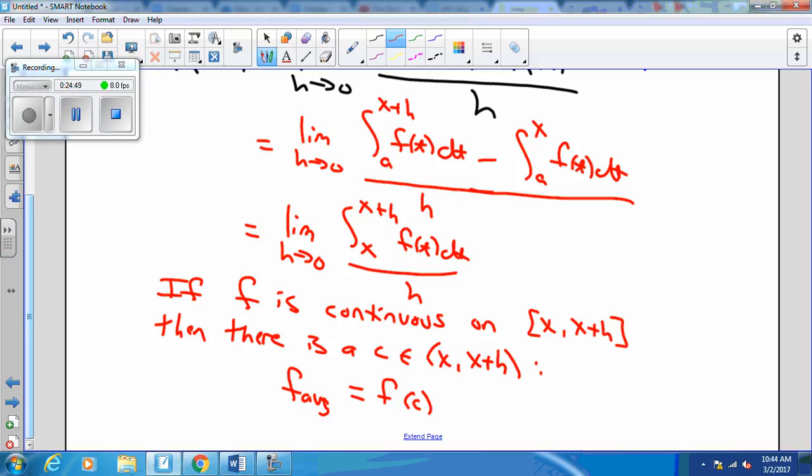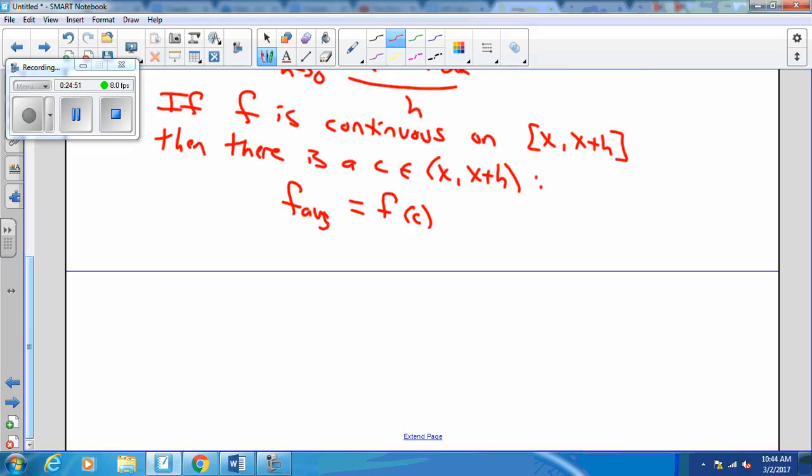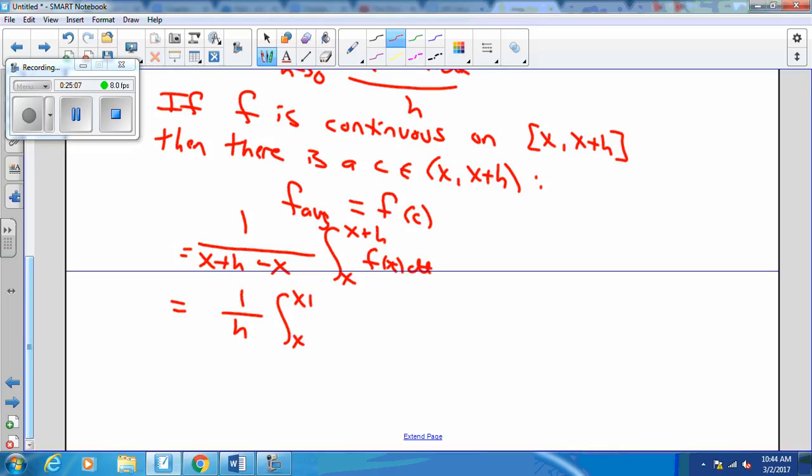But what is the average value on this interval? The average value on this interval is 1 over x plus h minus x times the integral from x to x plus h of f of t dt. Oh, snap. You see it? I see it. He sees it.